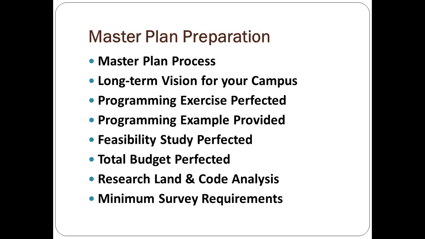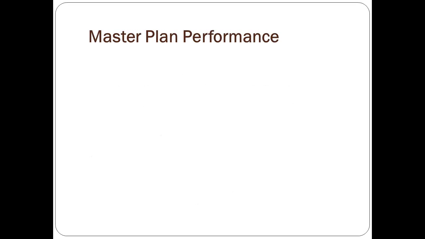So master plan preparation, it at least includes these things that I'm giving you that's on the screen at this time. And then you're going to perform. Now, you're taking all this information that you have gathered so you can talk in an intelligent way and give clear direction to the architect. And you're going to communicate to all of these different players that you have engaged with, maybe on the front end of this project.